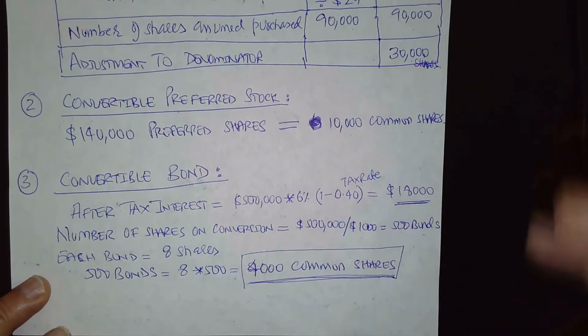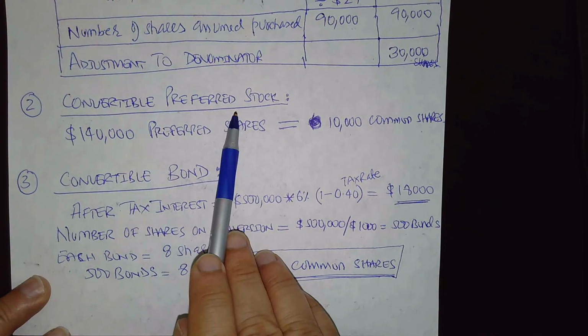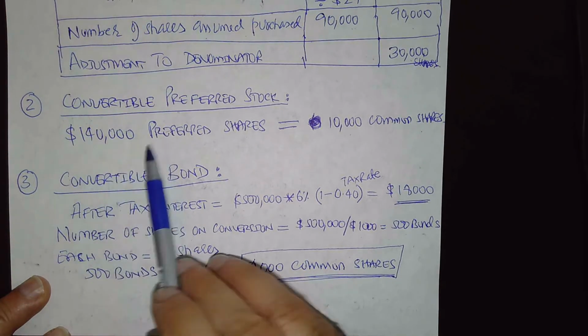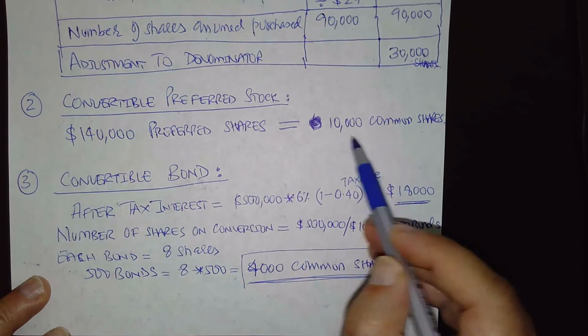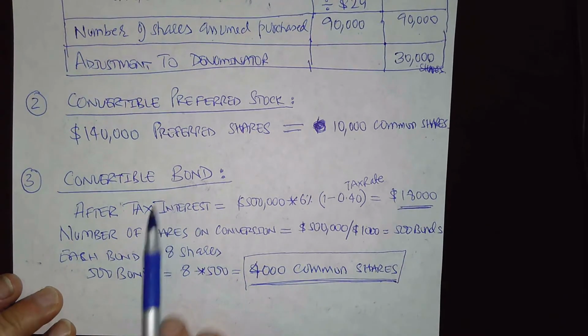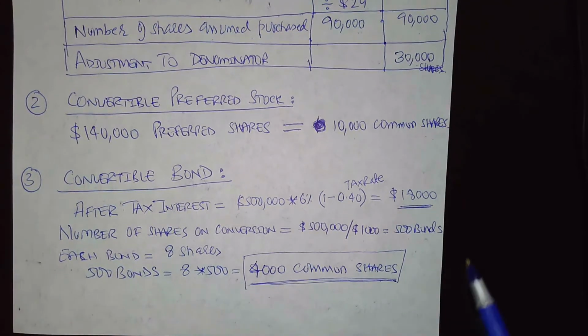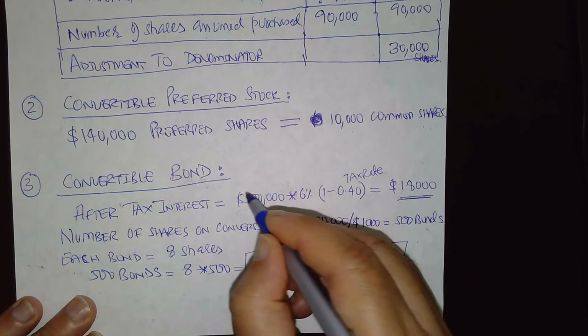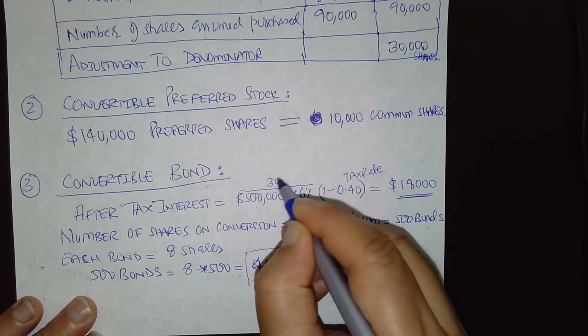Next one. Convertible preferred stock of 140,000 preferred shares, $145,000 preferred share equal to 10,000 common stock. All right. Convertible bonds. So we have to pay convertible bonds an interest. So we are paying 500,000 multiplied by 6%. So basically we are paying them $30,000 interest.